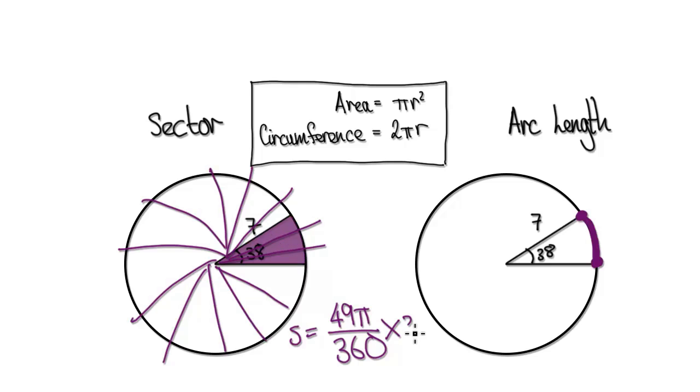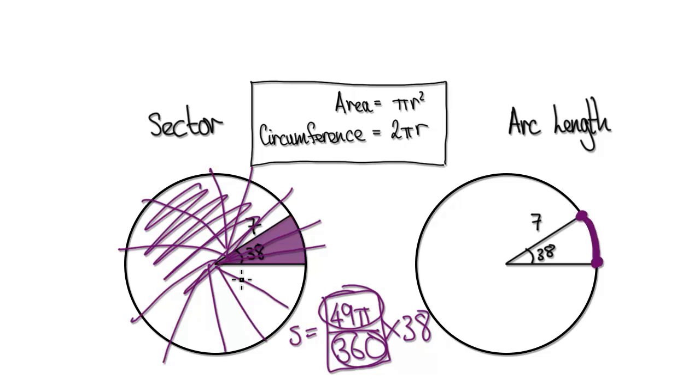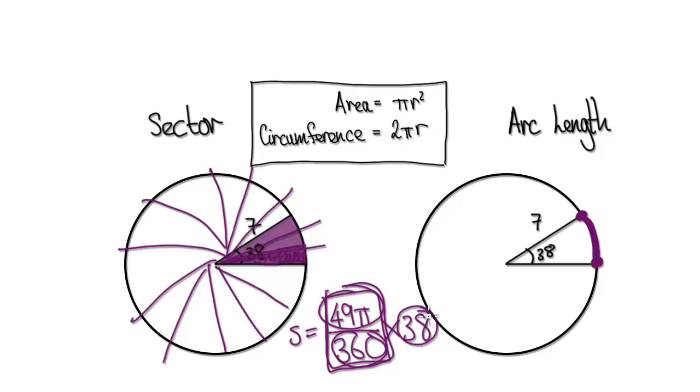It's like having a pizza, which is this whole area here, and then you divide by 360. So this represents the area of one small slice of the pizza, and then you want 38 pieces, so you times by 38.